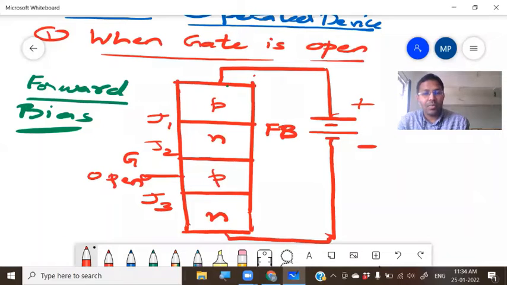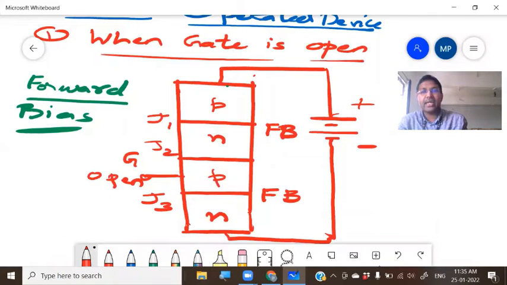Next, what about J3? Negative is connected on the N side. So J3 will be what biased? Same polarity means forward biased. So this is also forward biased. J1 forward biased means the positive goes to the P side.